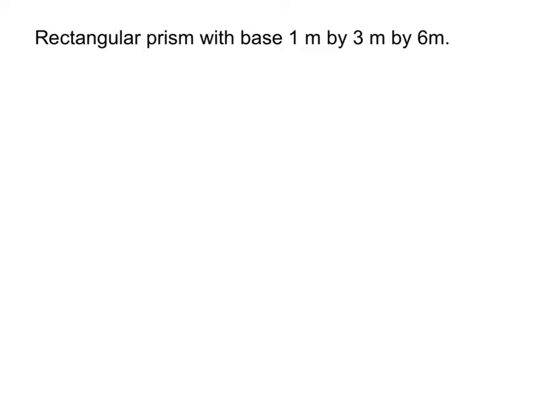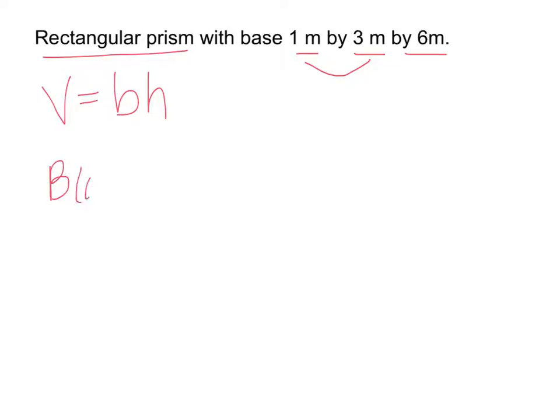Let's find the volume of a rectangular prism with a base 1 meter by 3 meters by 6 meters. If they're given something like this, we can just assume that this is my base, 1 by 3. Remember, volume is base times height. I need to find the base, which is your area of a parallelogram or a rectangle, base times height.